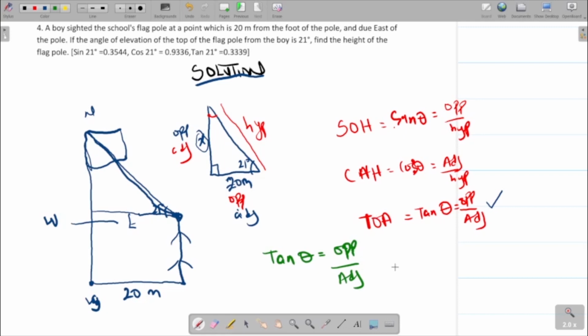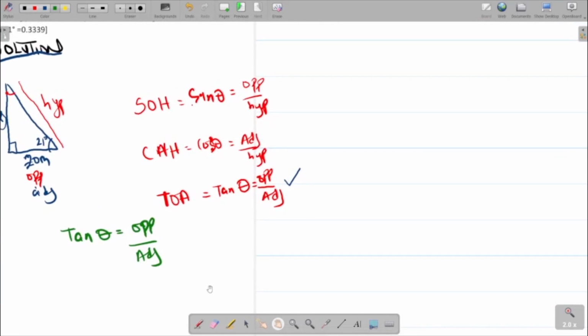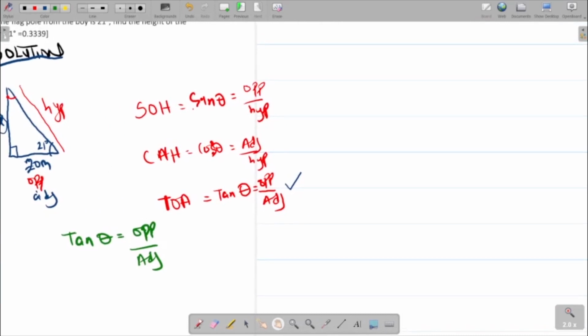So we have tan 21 equal to the opposite, which is x, over the adjacent, which is 20 meters.